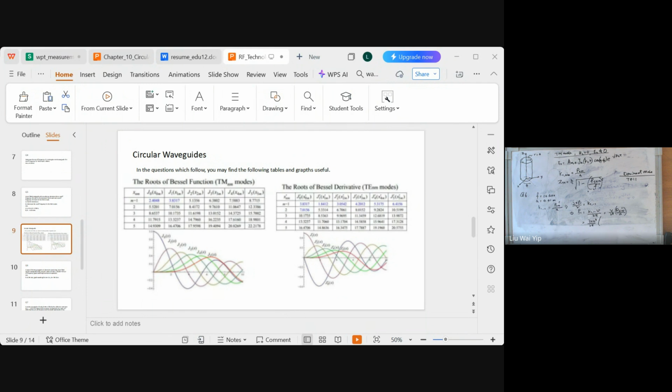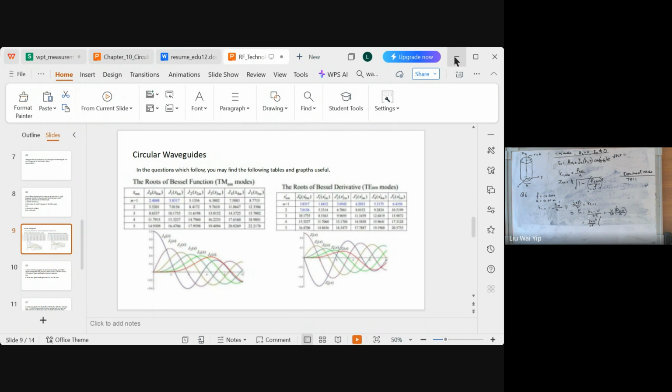The roots that you are looking for at this stage is this one, the root of the derivative. The one that you are looking at is this value. This value is for TE11. Yeah, TE11, I've already written here. 1.84.